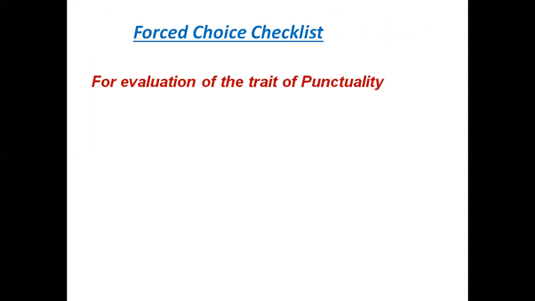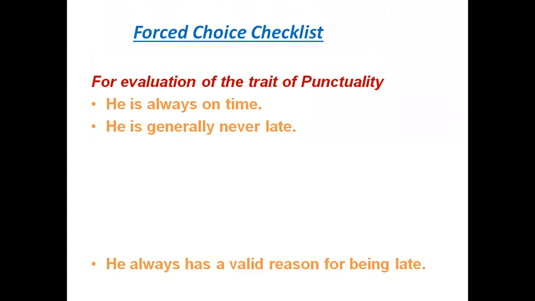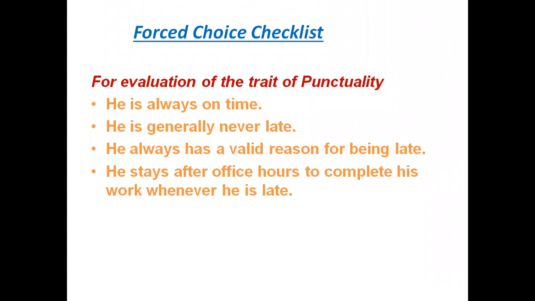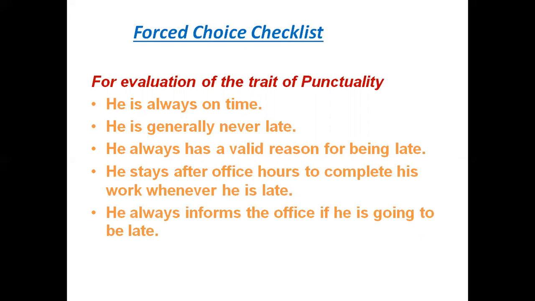Then the other method is the forced choice method or forced choice checklist. This method was developed to correct the tendency of the rater to give consistently high or low ratings to all the employees. There is a set of paired phrases, two of which may be positive and two negative, and the rater is asked to indicate which of the 4 phrases is most and least descriptive of a particular worker.